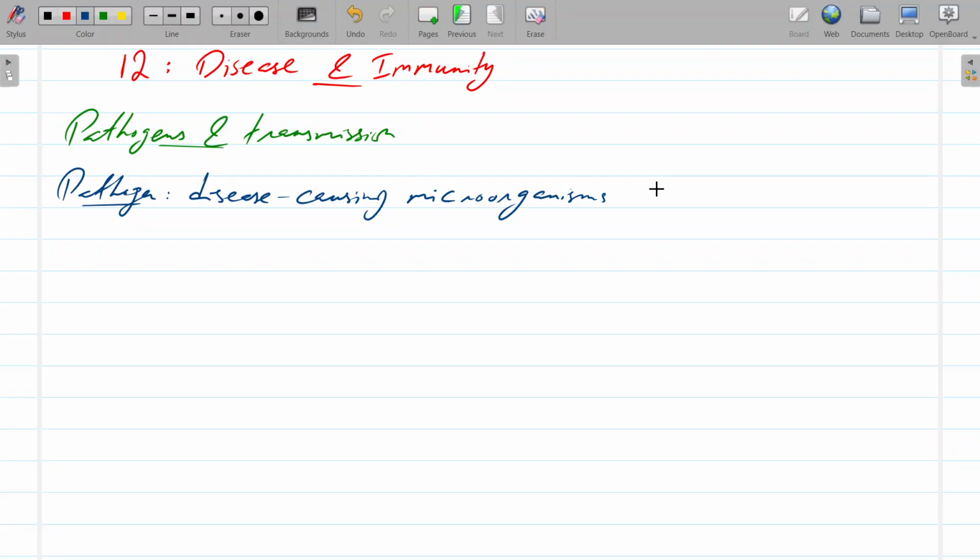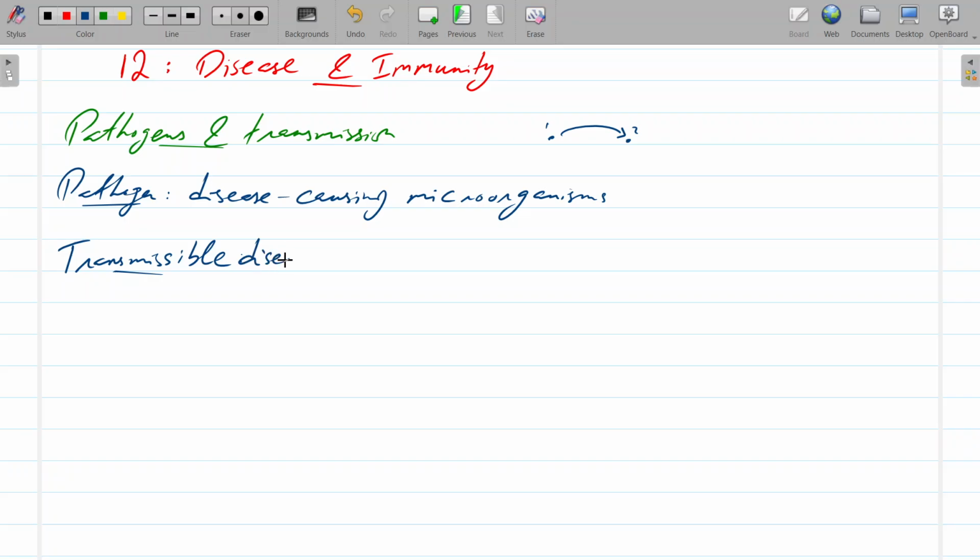And then transmission. So transmission means going from one to the other, right? Being passed on. And so a transmissible disease is one that can be transferred and passed on from one individual to the next, right?